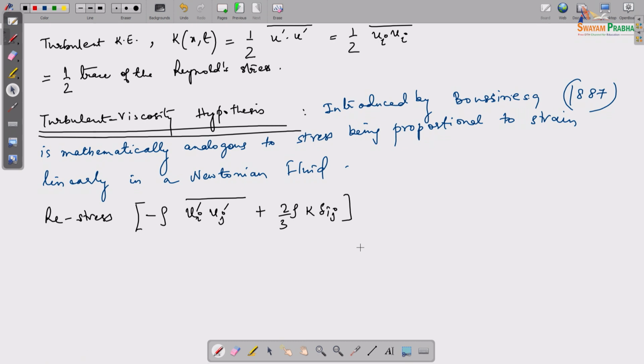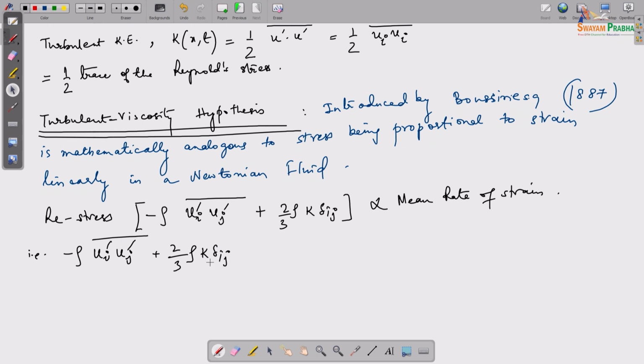So this Reynolds stress is proportional to the mean rate of strain.